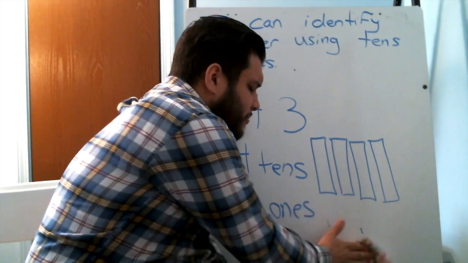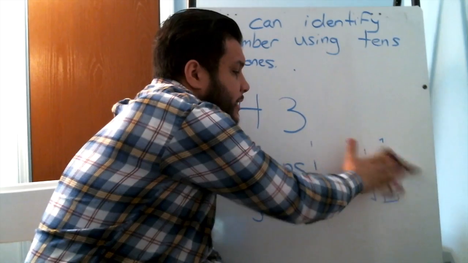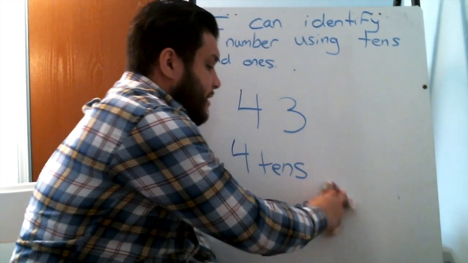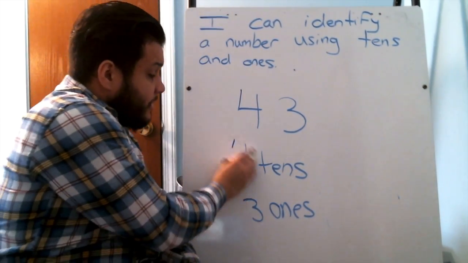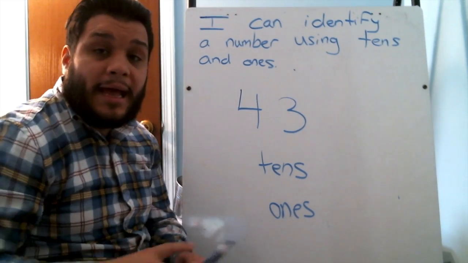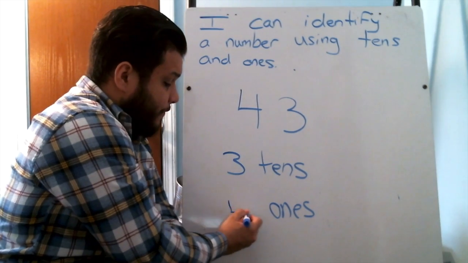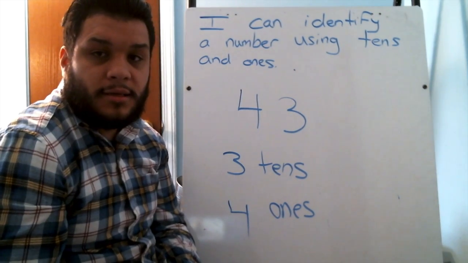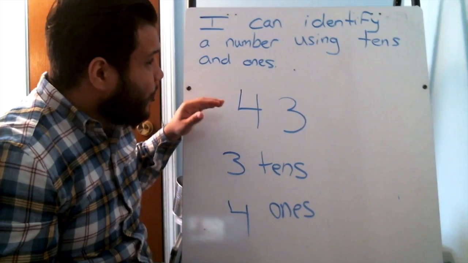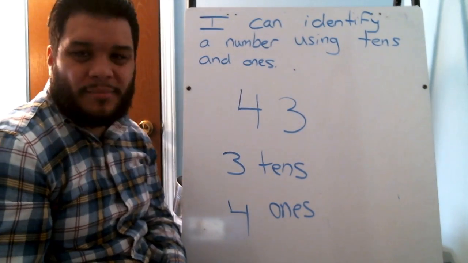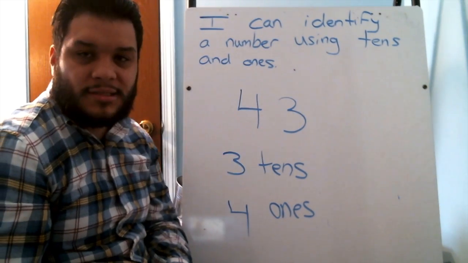But what if I thought, place value isn't important. I don't care. I'm going to say that this 43 has 3 tens and 4 ones. Am I correctly identifying my number using the tens and the ones?